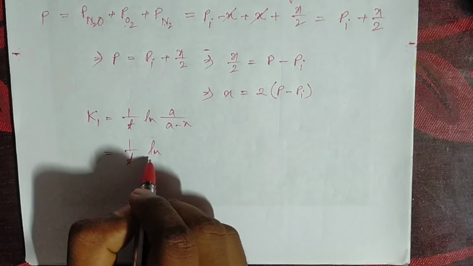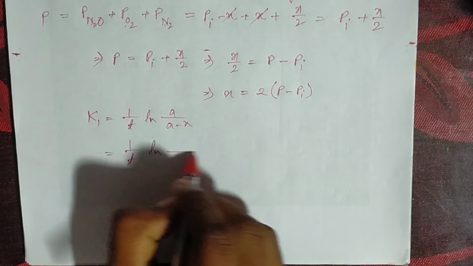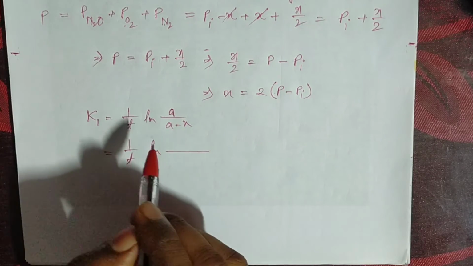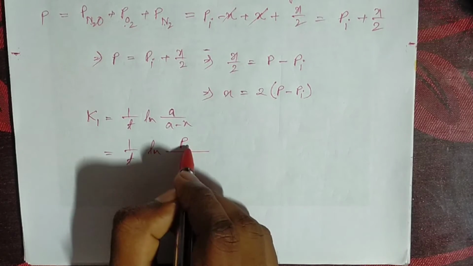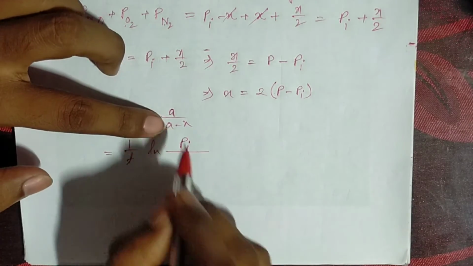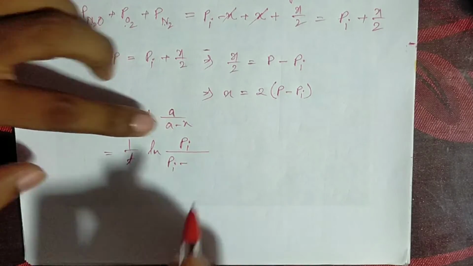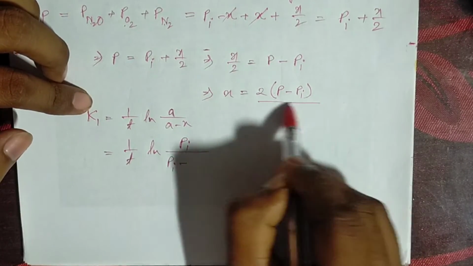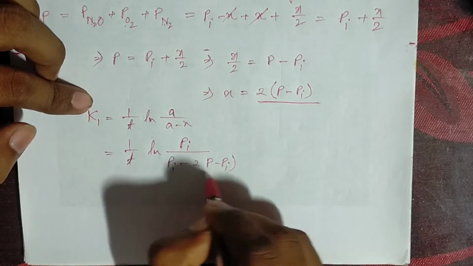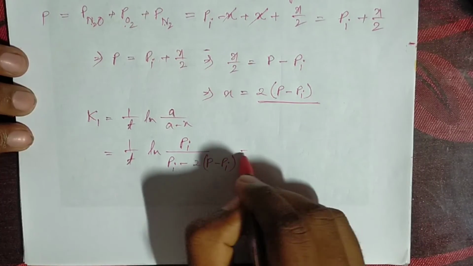So it will be 1 by T ln, and A, that means the initial pressure, is Pi, and it will be A minus X. So Pi minus X means this part, 2 P minus Pi.